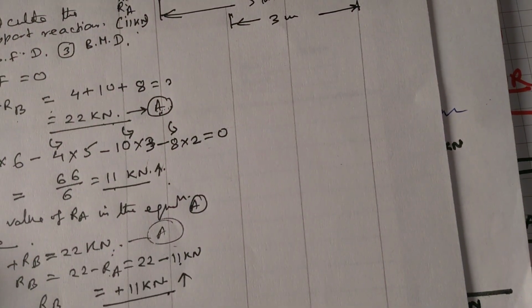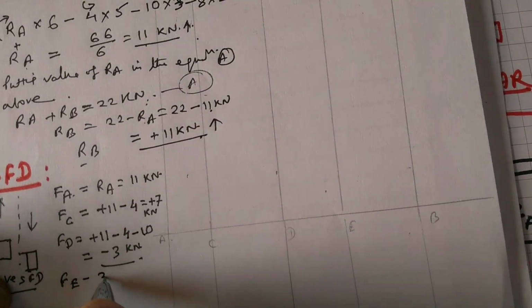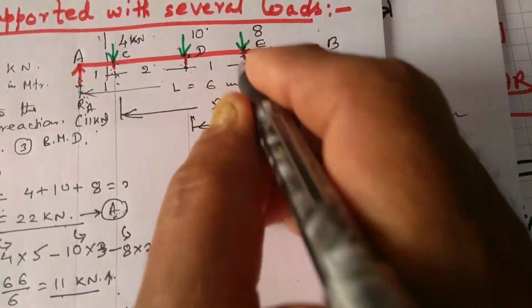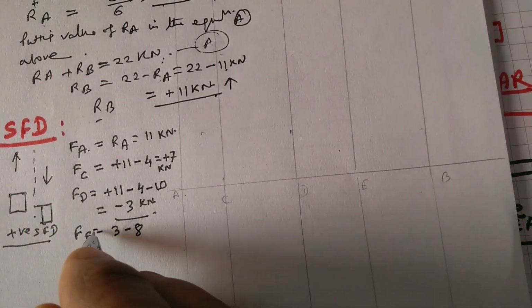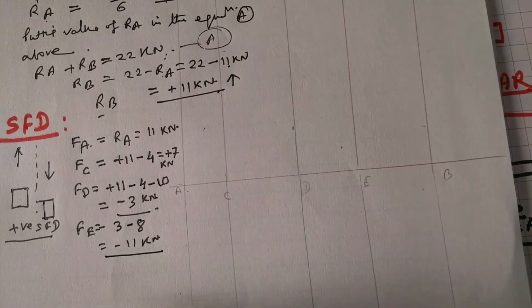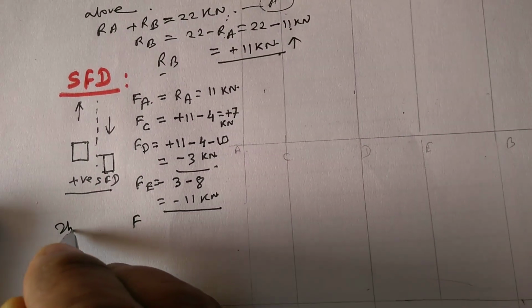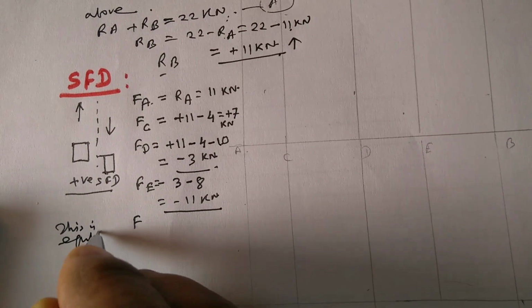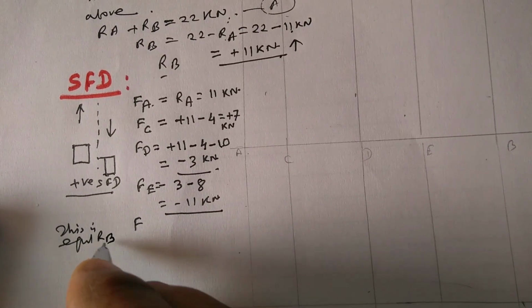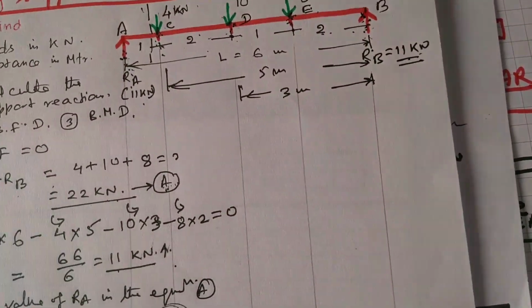So again, FE equal to minus 3 and minus 8. So write down minus 8 and you will get minus 11 kilonewton at the point E. And this is equal to RB, write down here RB. Okay, now plot the diagram.